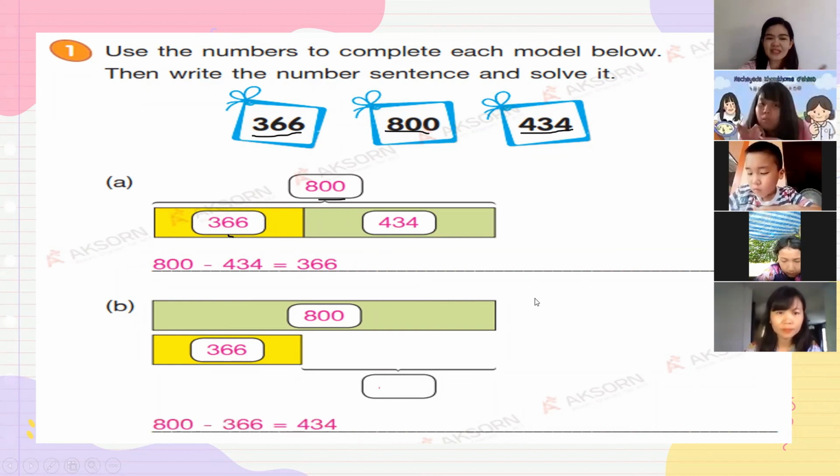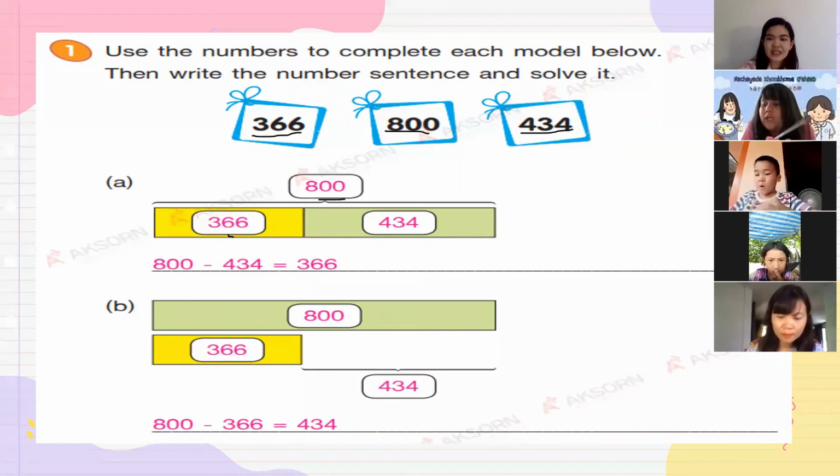So 800 minus 366 is how many? 800 minus 366 is equal to 434. Very good, Fasai. So the answer is 434.